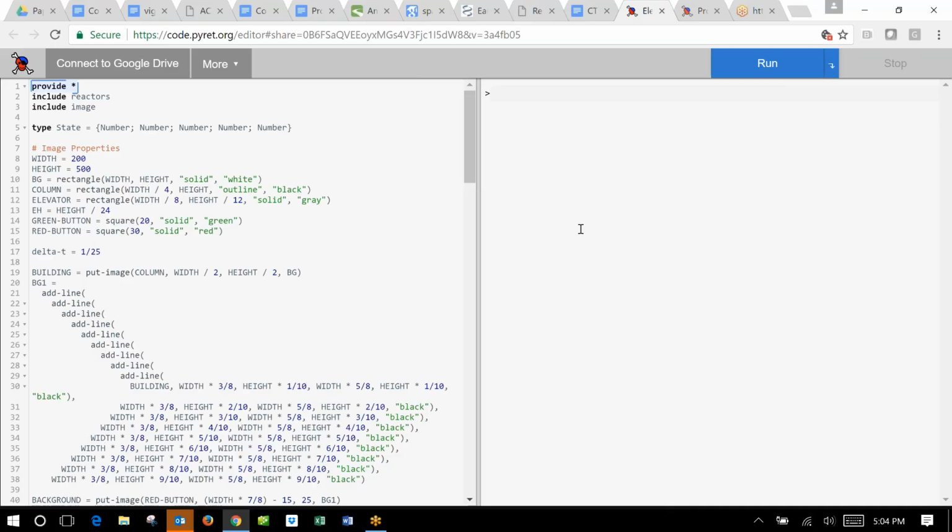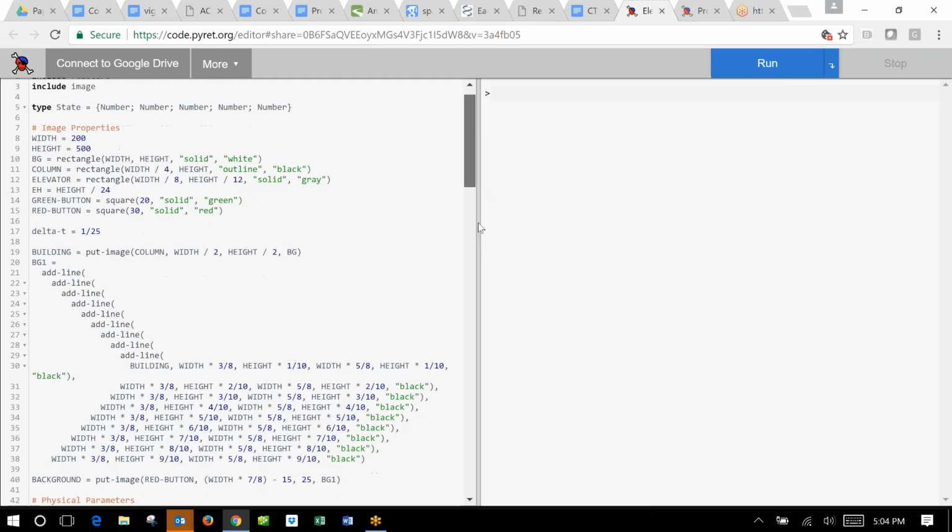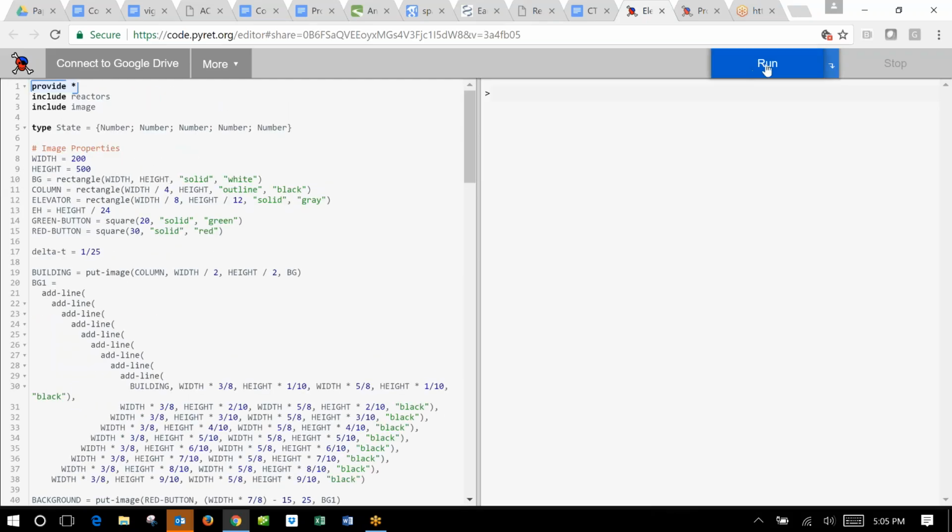So this is an elevator problem code. Josh Rutberg wrote this. We will run it. And what is it that I type? Shoot. Run simulation.